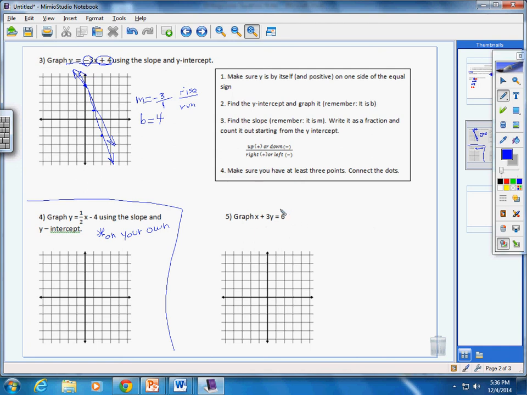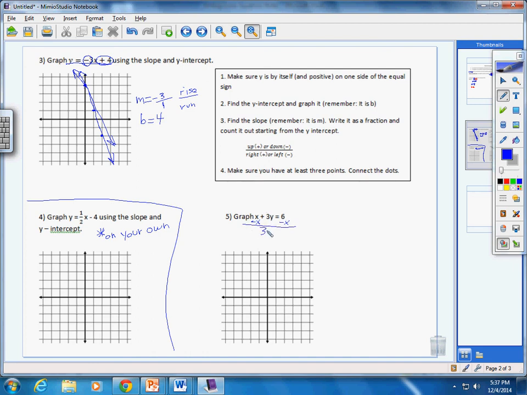So once again, I think the fastest route is to do it the way we did number 3, using our 4 steps here. Step 1 says make sure y is by itself. If y is not by itself, guess what? You've got to solve for y. So let's get rid of the x that's on the side of y. Subtract it from both sides.